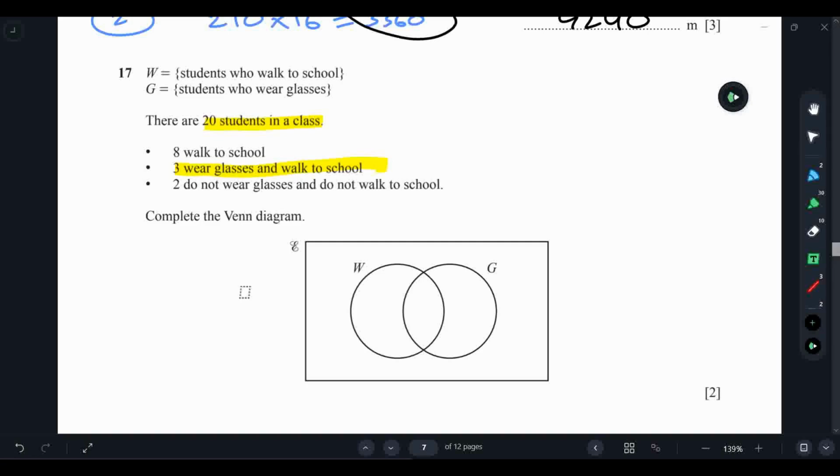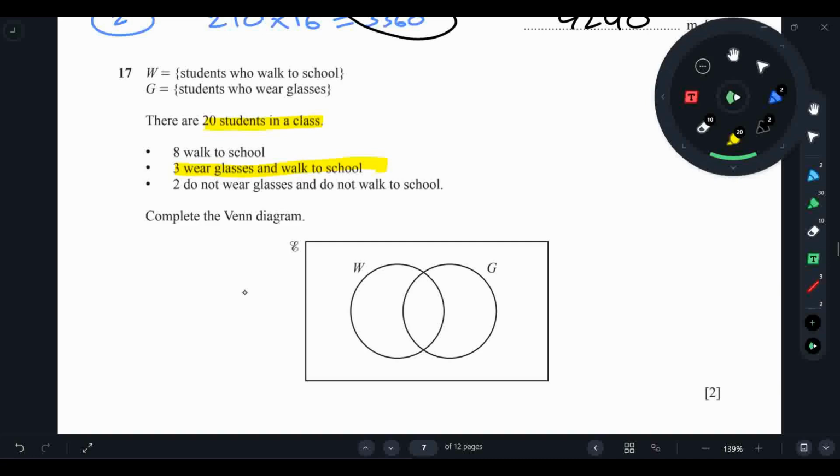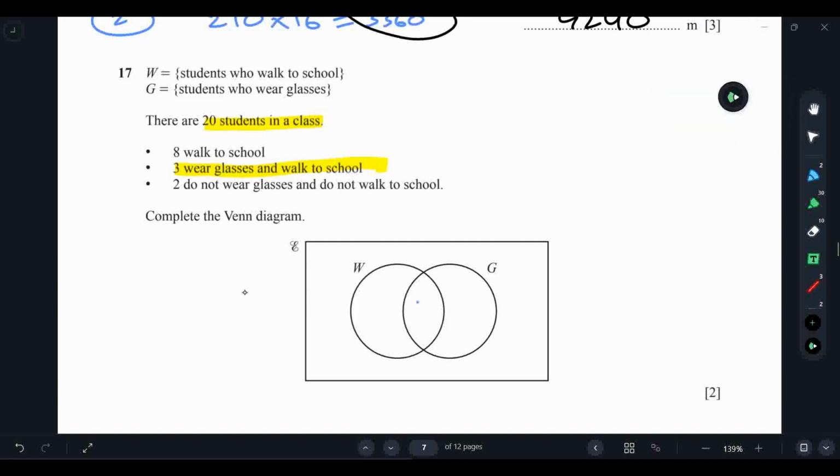So it means we need to write 3 over here. And the total is 8 who walk to school. 2 do not wear glasses and do not walk to school. So we need to write that over here.